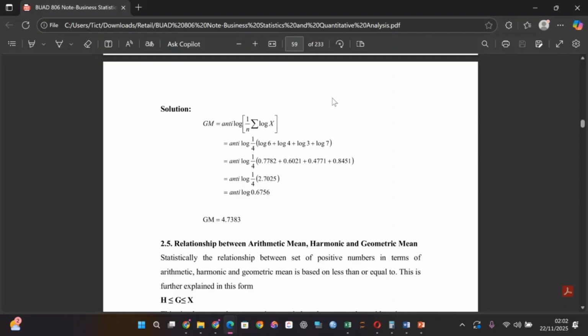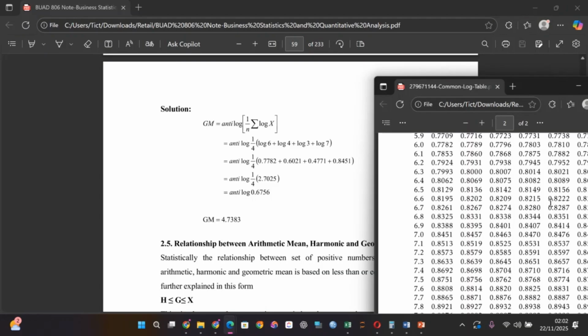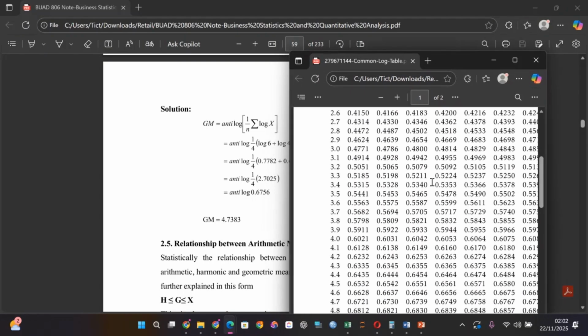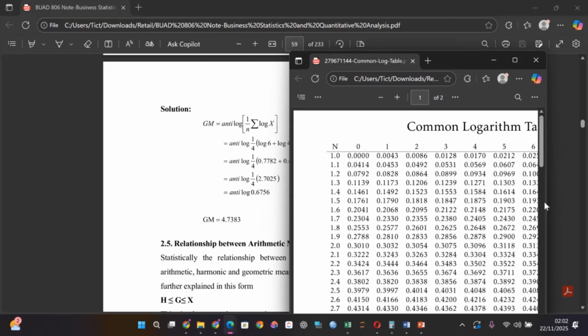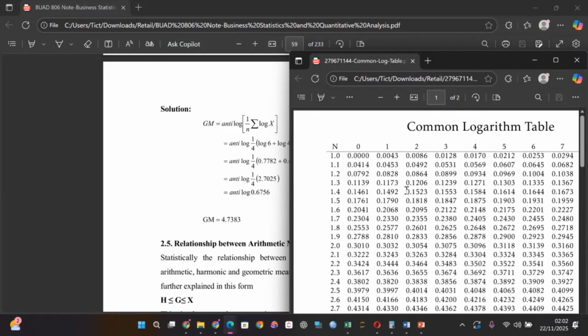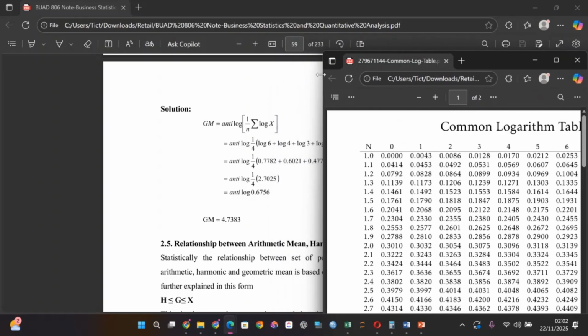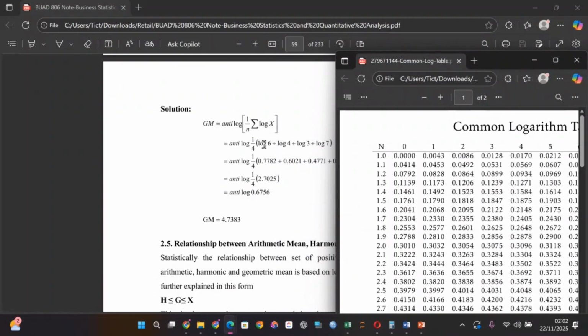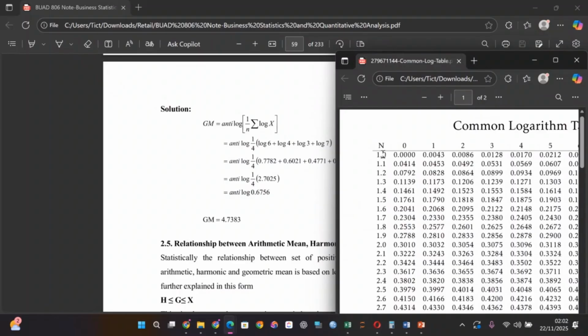Okay, so let me explain the table I was showing. This is the log table, right? So if you're looking for log 6, you check on the table.